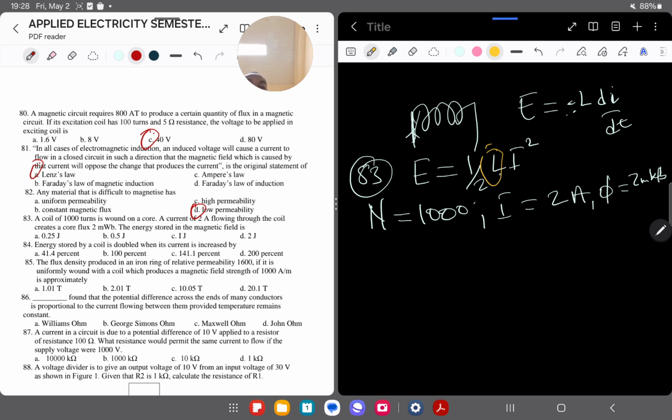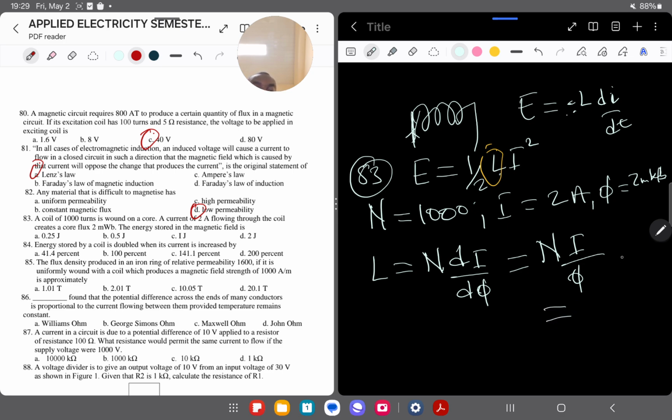So the formula for inductance, we know, is equal to the number of turns times the rate of change of current over the rate of change of flux. So you can simplify this to just mean current over flux. So this will just give us, we know the current, we are just going to replace the number of turns.